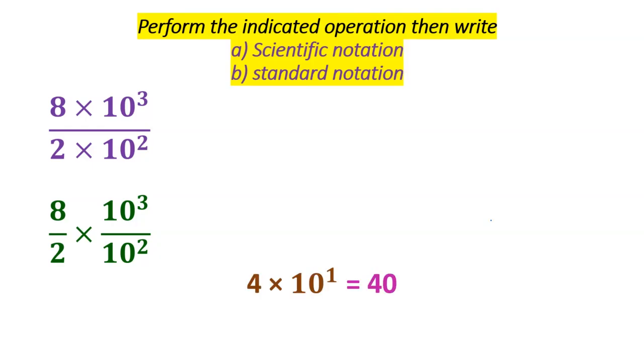That will give me 4 times 10 to the power 1. 4 times 10 to the power 1 is my scientific notation. 10 to the power 1 is 10, and therefore 4 times 10 equals 40, which is my standard notation. If needed, you can watch the video again.